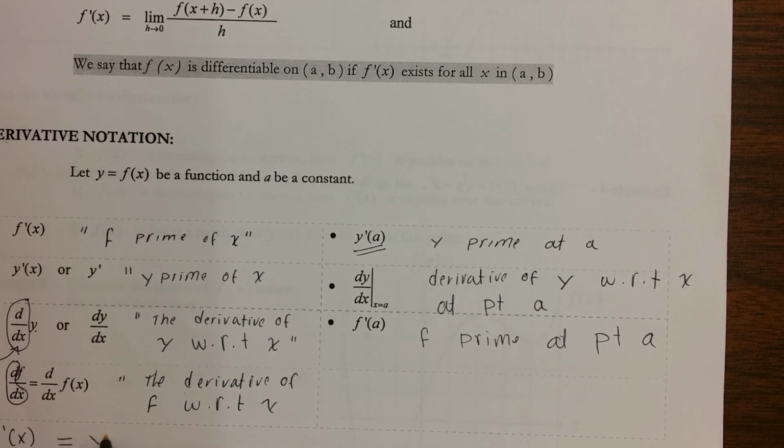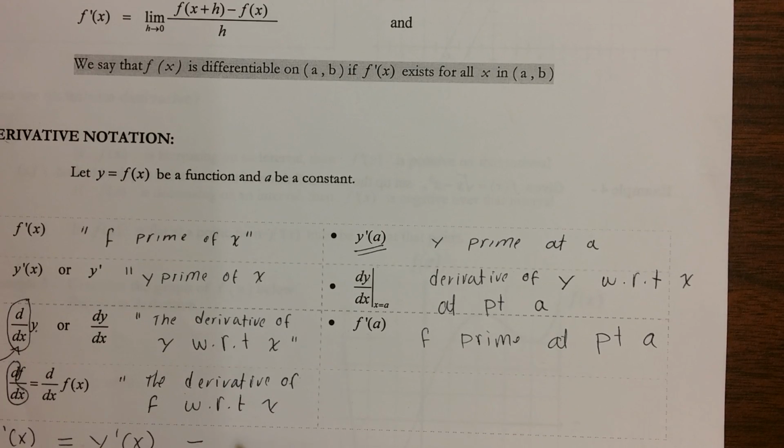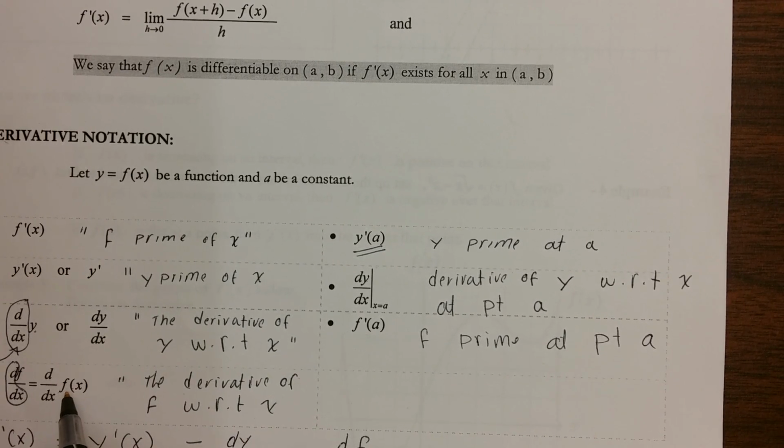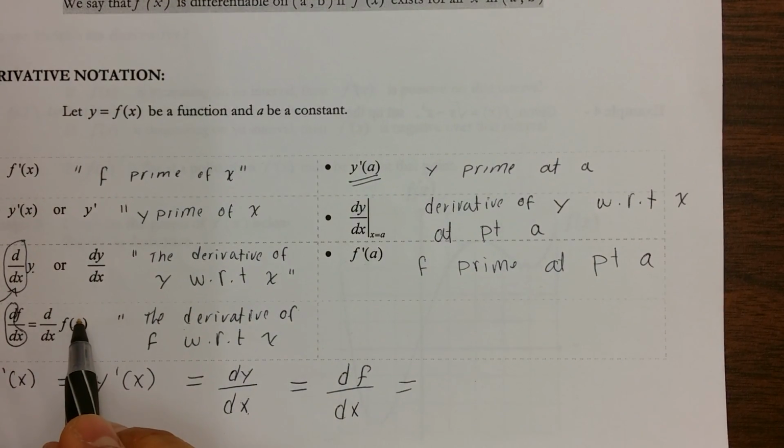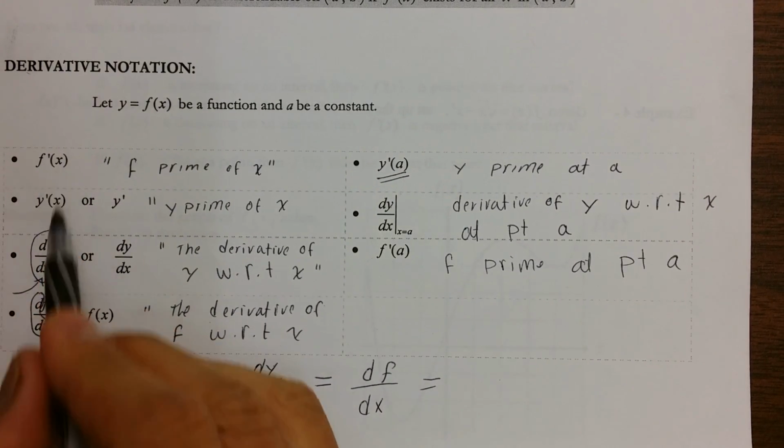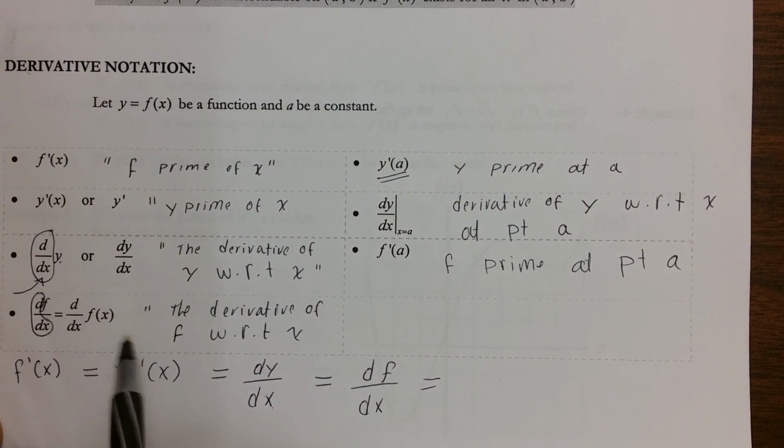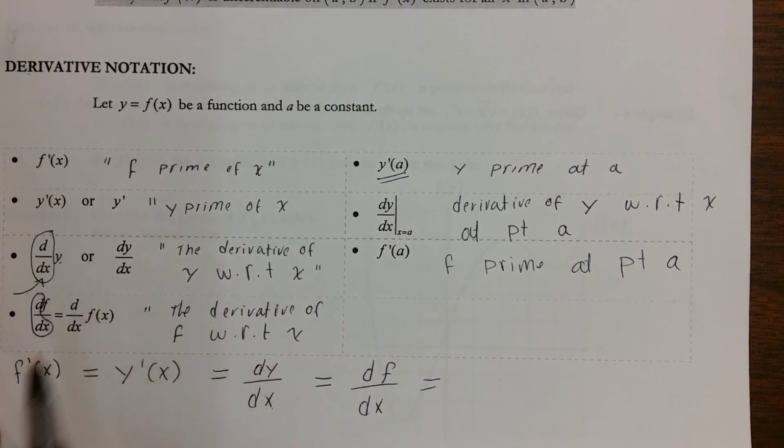That's the same as saying y prime, which is the derivative of function y, which is the same as saying dy over dx, the derivative of y with respect to x, and that's the same as saying df over dx. Sometimes you might see the notation being something like this, but all of these mean the same thing. So whenever you encounter either one of these symbols, know that they mean derivative function.